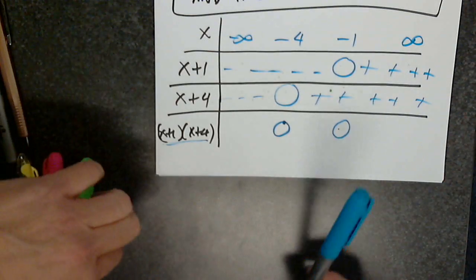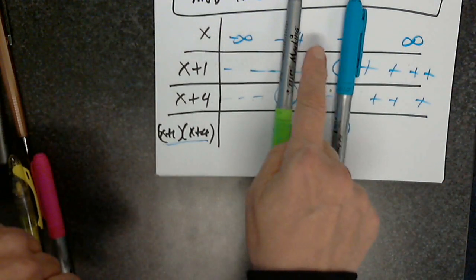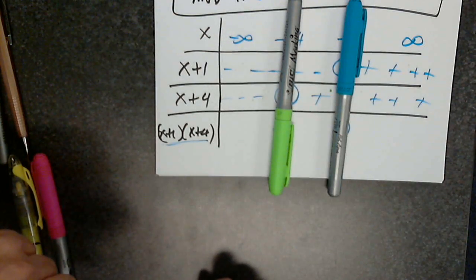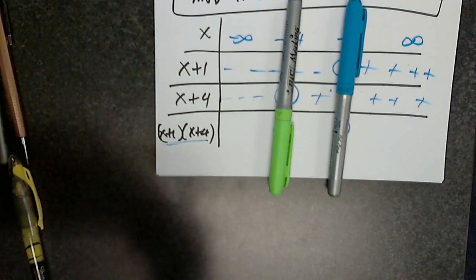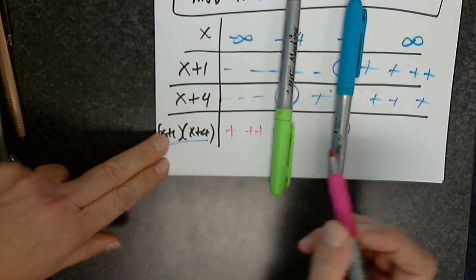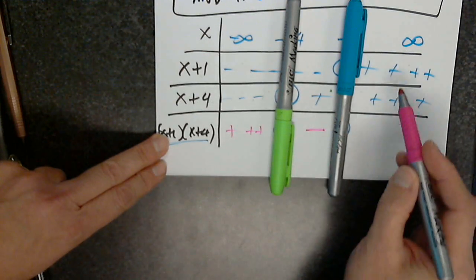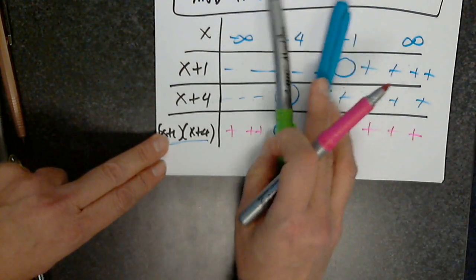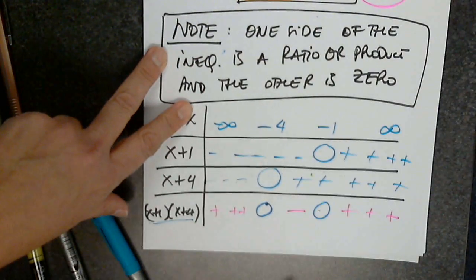So now I see that I have 3 subintervals: 1, 2, 3. When I multiply a negative by a negative, what will be the sign of the outcome? When I multiply a negative by a positive, what is the sign of the outcome? And when I multiply two positives, now, only now, I look here and I ask myself, what do I choose?